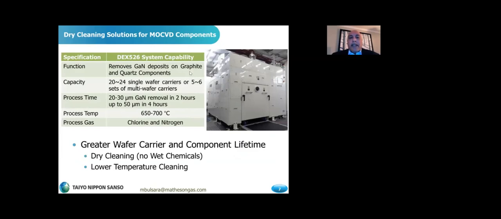TNSC has a DEX 526 system which has demonstrated the ability to remove gallium nitride deposits on graphite and quartz components for single wafer carriers or multi-wafer carrier configurations. TNSC has demonstrated you can remove up to 50 microns of gallium nitride deposition in 4 hours or less at process temperatures which are much lower than traditional bake ovens, but with very standard gases, chlorine and nitrogen.